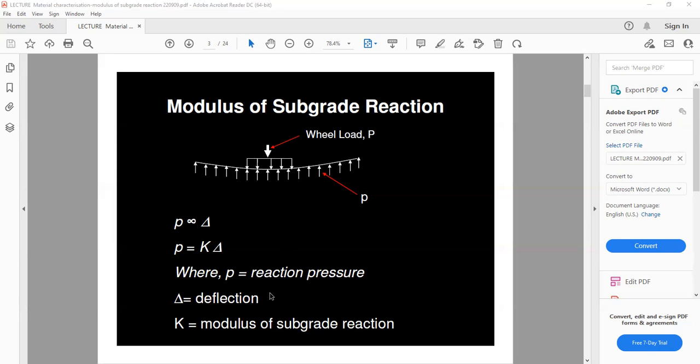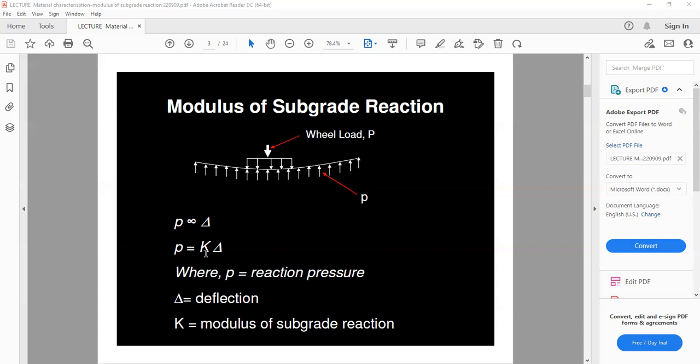What will be the unit? This is a uniform distribution pressure. Obviously, pressure is force per unit area, and deflection is a depth, a one dimension. So it can be of any unit.